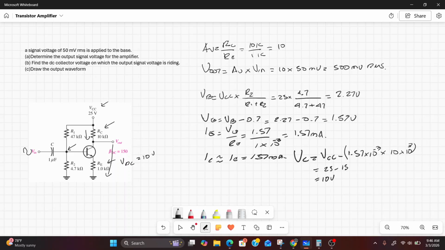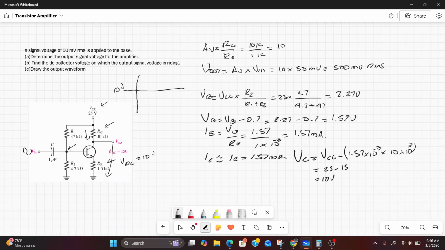So finally, draw the output waveform. The output waveform should look something like this. Let's say that this here is 10 volts DC.